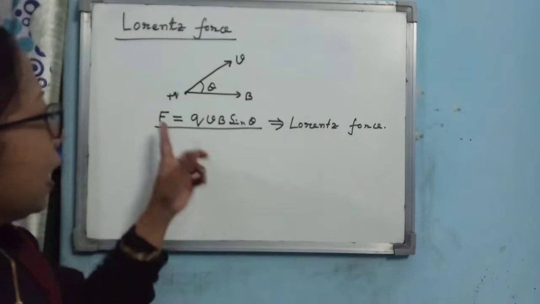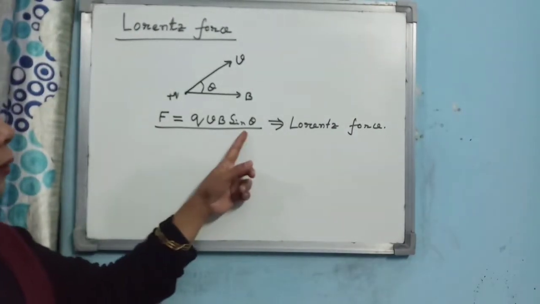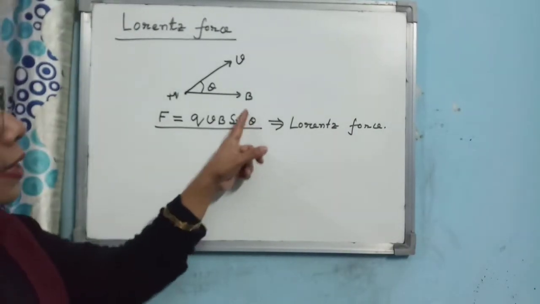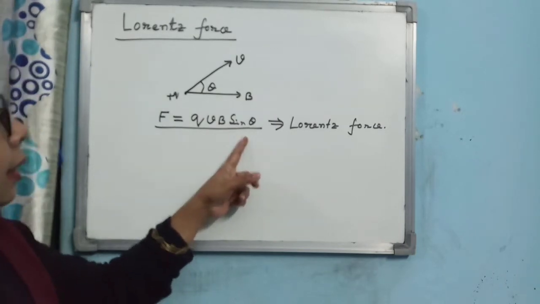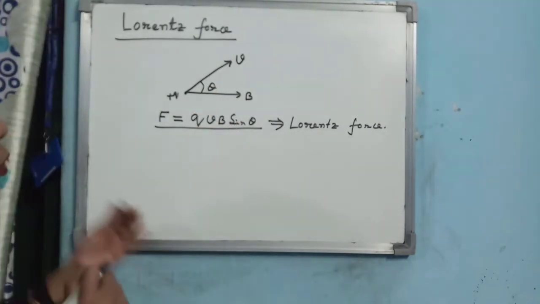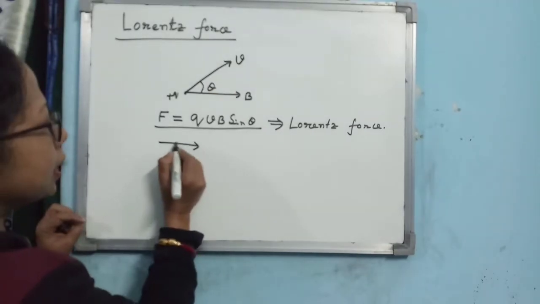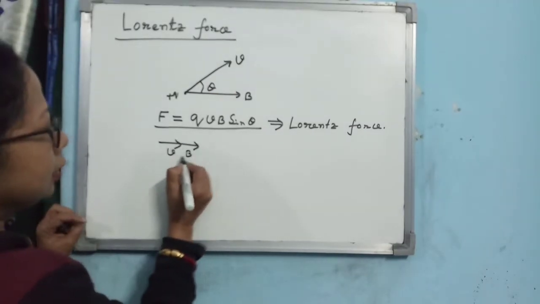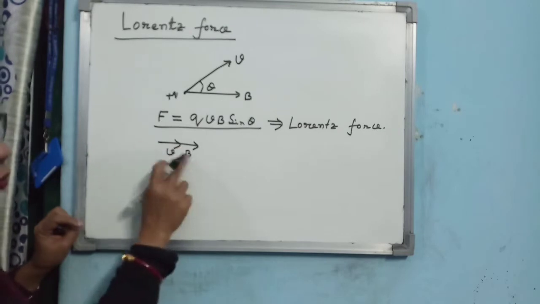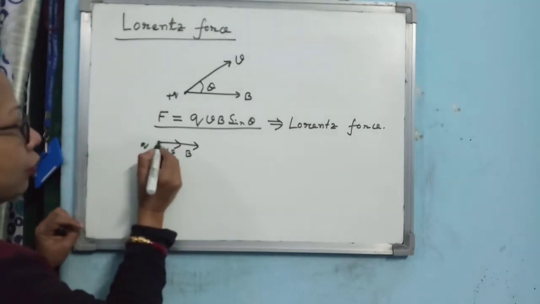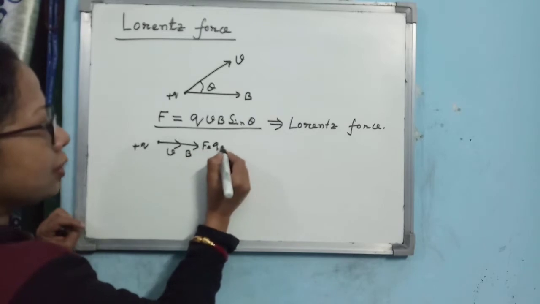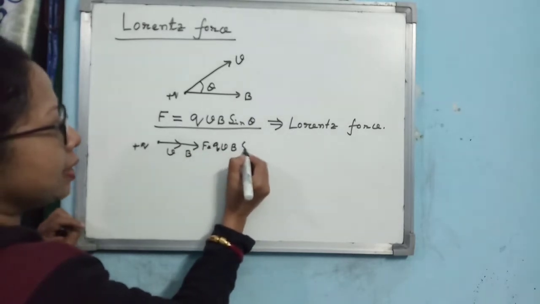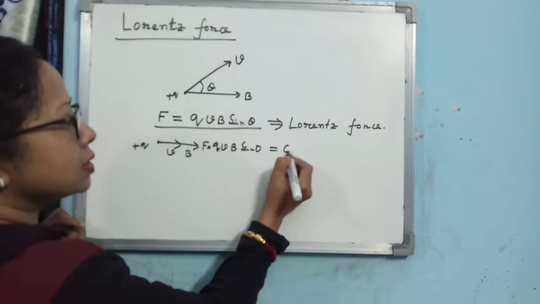So here, a nice thing you will observe is that when theta is 0, then the force will be 0. What does it mean? That when the charged particle is moving along the direction of the magnetic field, then what will be the force? It will be QVB sine 0, that is 0.